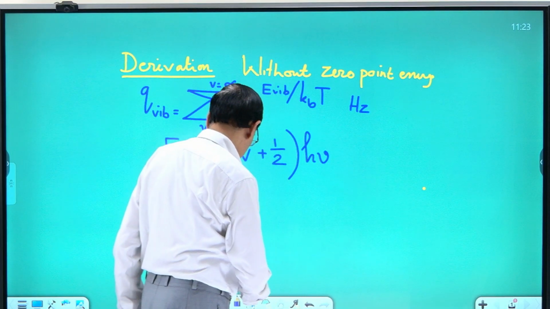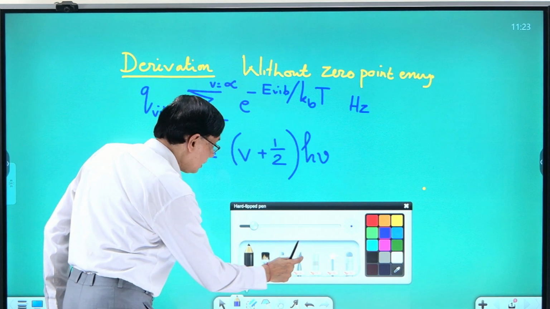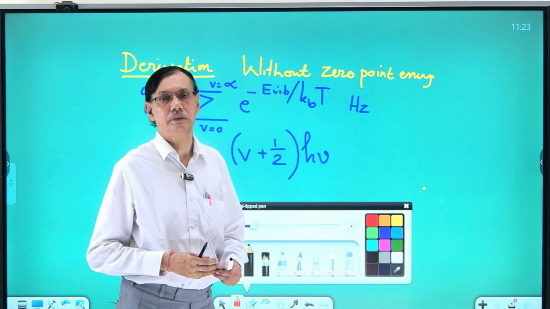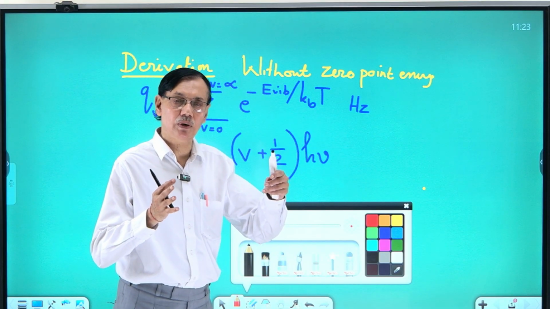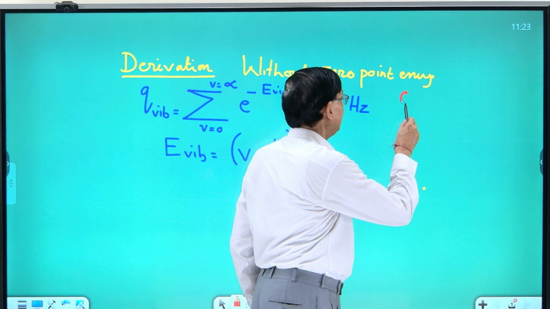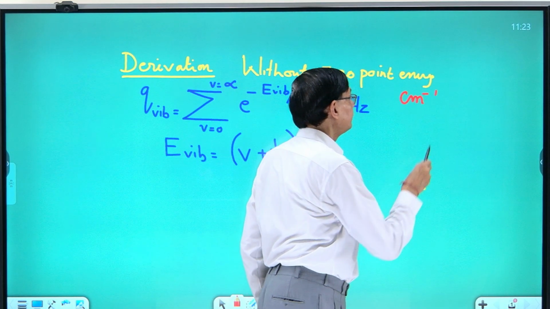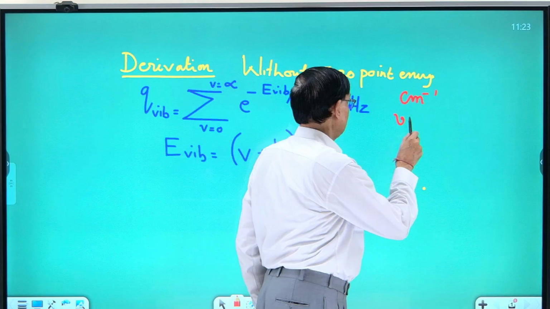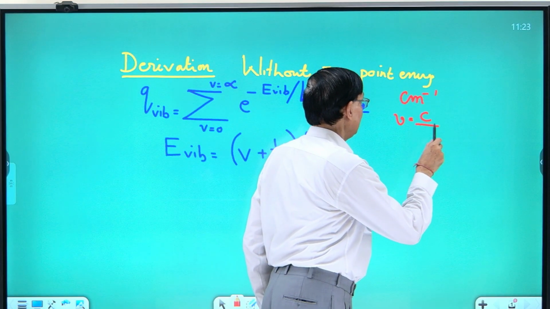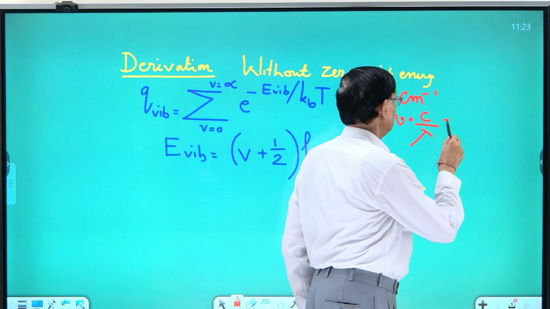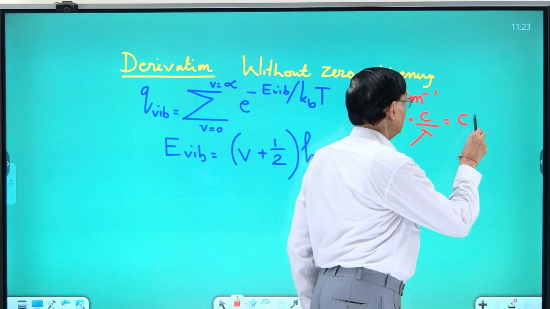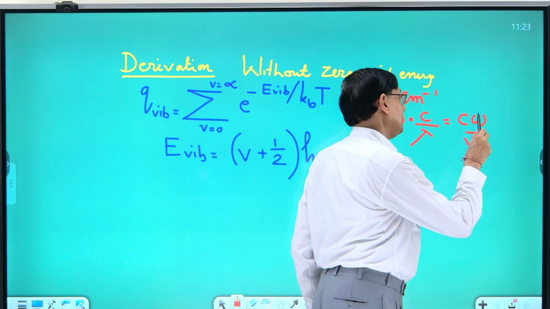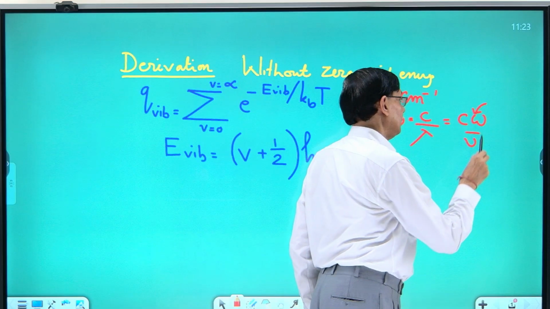In some books, like the old Glasstone, the vibrational frequency is given in terms of centimeter inverse. Then of course, you know that nu is c by lambda, and in some books it is omega, or nu bar, the vibrational frequency in terms of wave number.